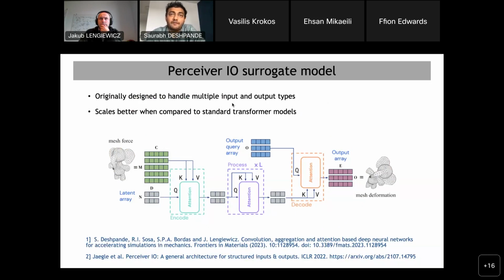So imagine that you have input of images, videos, audio files, and the Perceiver, without the need for extra modifications, is quite robust to handle these kinds of what they call multi-modal inputs, and also predicts multi-modal outputs. Perceiver IO is better compared to transformer models in the sense that it uses this latent space representation, which would be the same irrespective of the input size. So it scales linearly with the input size, as opposed to a transformer, which scales with the square of the input size.